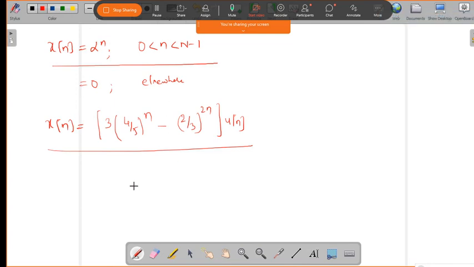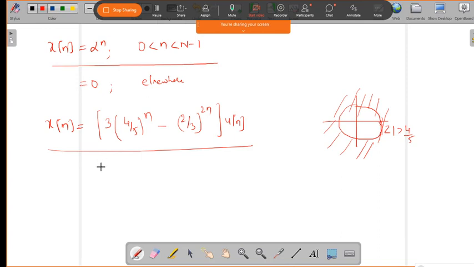Okay, z is greater than 4 by 5. Yeah, ROC will be wherever z is greater than 4 by 5, your ROC will exist. Okay.